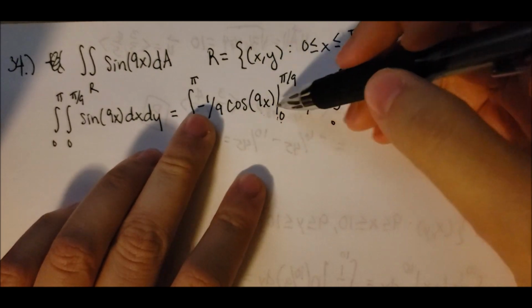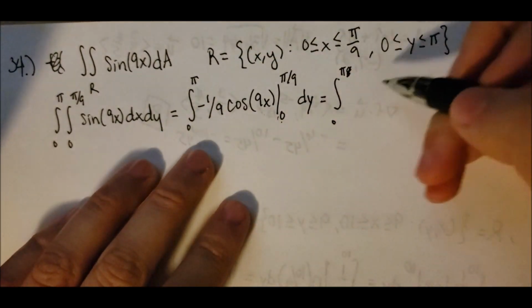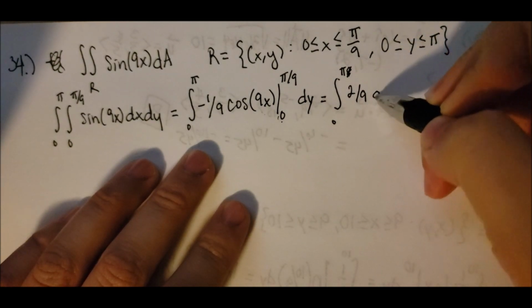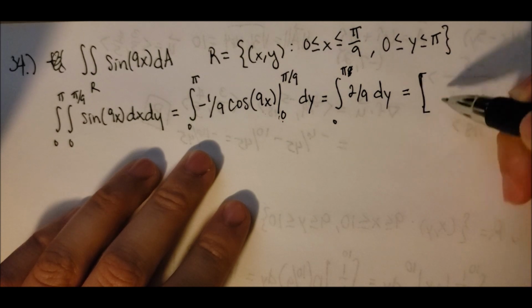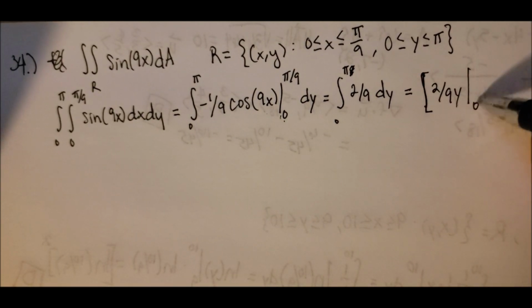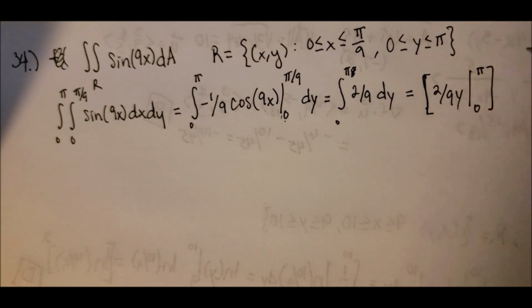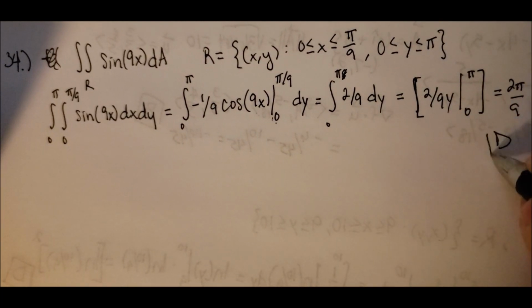And then we minus another, so that would be 2/9. Then that's going to be 2/9 y from 0 to pi. So it's 2 pi/9, which is d.